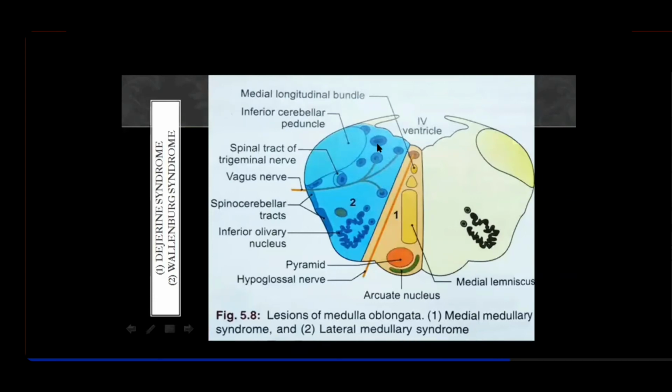You'll feel dizziness, right? So because of this, you'll find dizziness or giddiness because of vestibular nerve damage. And of course, the cochlear nerve nucleus is also there. So there will be hearing impairment on the same side.